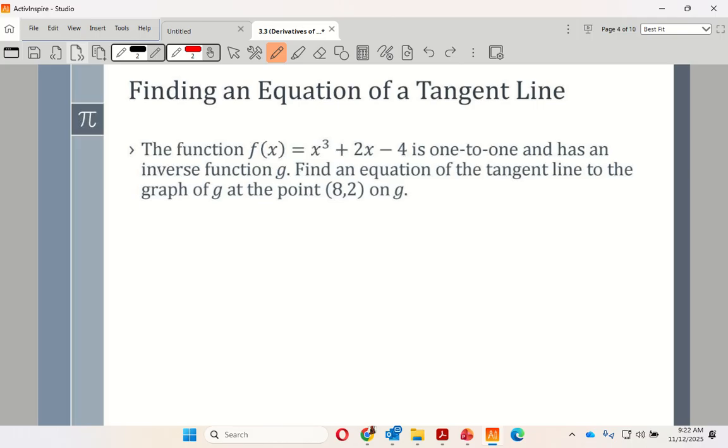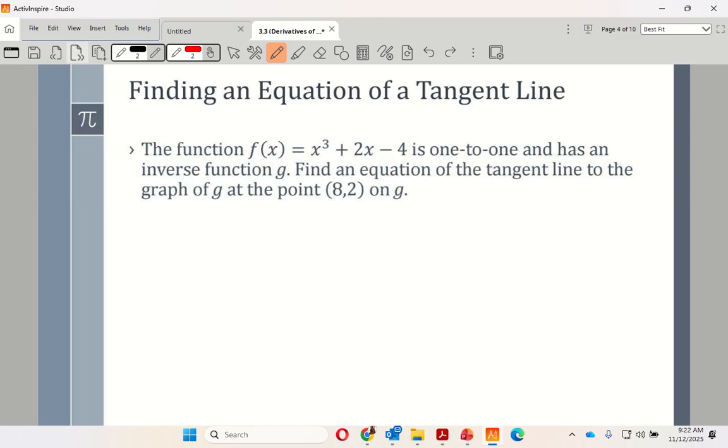The function x cubed plus 2x minus 4 is 1 to 1 and has an inverse function g. So it has an inverse function already. Find the equation of the tangent line to the graph of g at the point 8, 2 on g. So I need to use g.